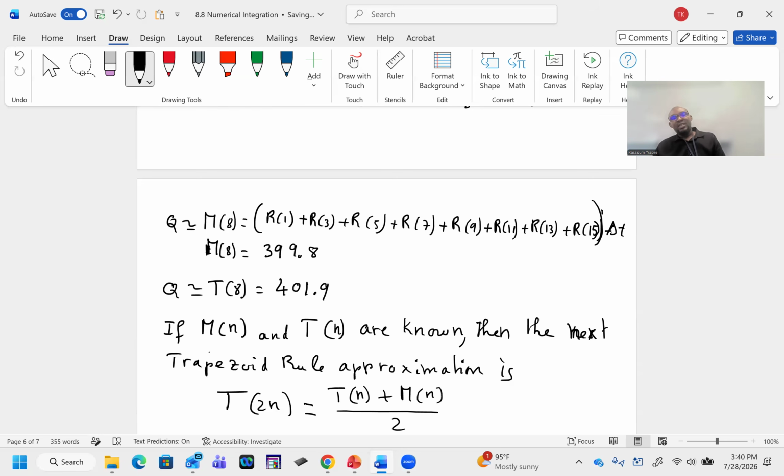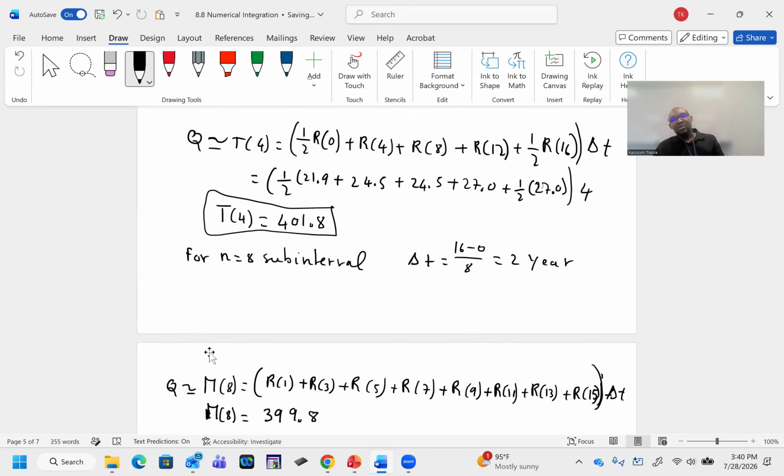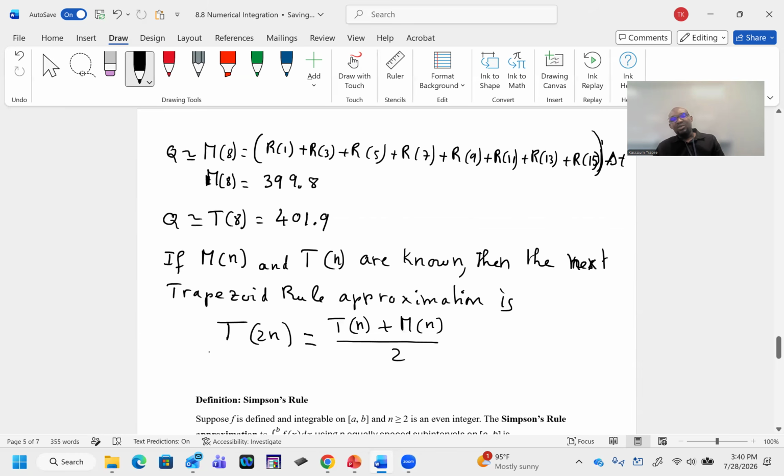You can verify like T of 8. We can find it because we already know M of 4 and T of 4. So you can just substitute and you will see it will give you T of 8.